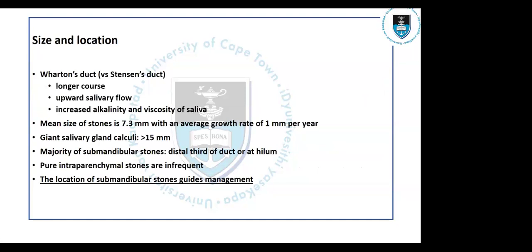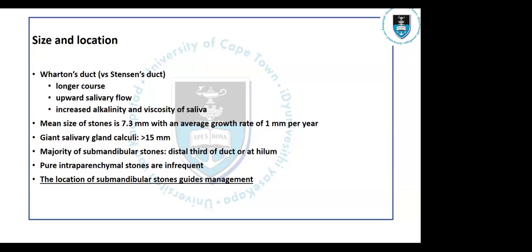Salivary stones occur predominantly in the submandibular gland, likely because Wharton's duct has a longer course, upward salivary flow, and increased alkalinity and viscosity of the saliva when compared with Stenson's duct. The mean size of submandibular stones is 7.3 millimeters, with an average growth rate of around 1 millimeter per year.